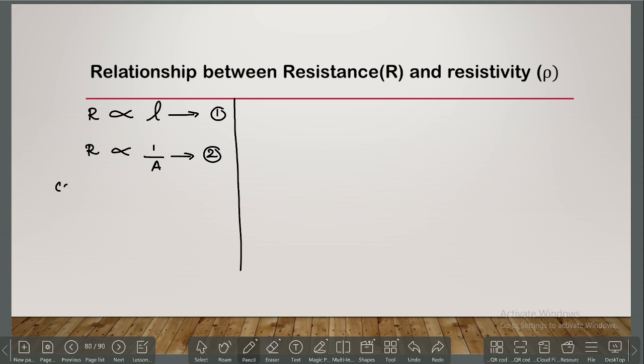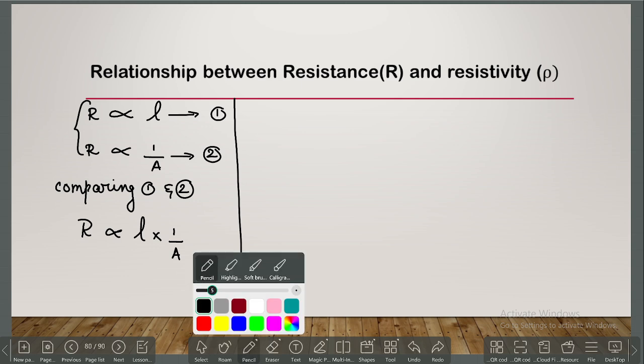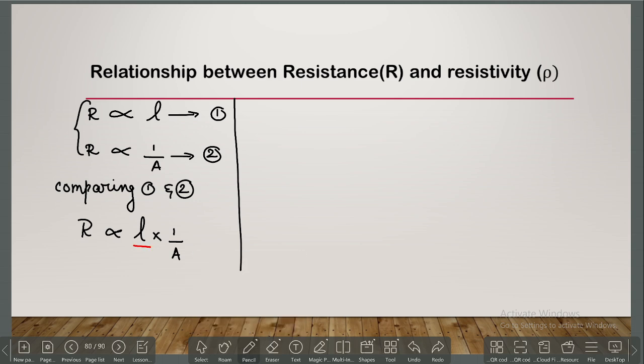So now, on comparing equation 1 and 2, how can we write this? R is directly proportional to length and inversely proportional to area of cross section. Here I don't have any denominator, so I can just assume it as 1.